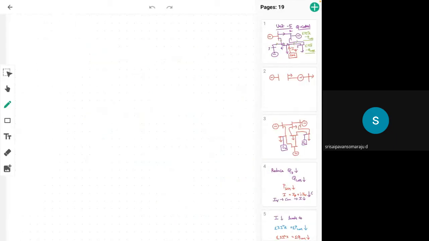Next, coming to the synchronous phase modifier or synchronous capacitor, which I already explained. Once again we'll see the synchronous machine, particularly the motor.